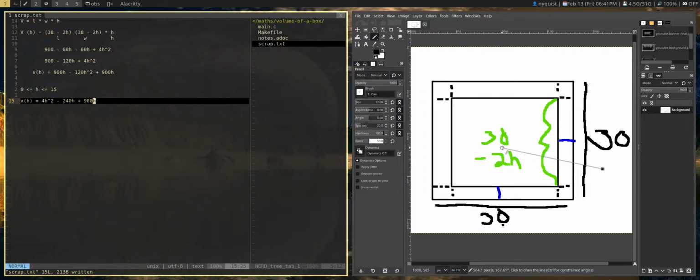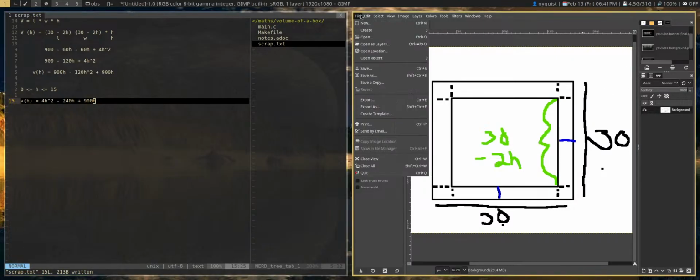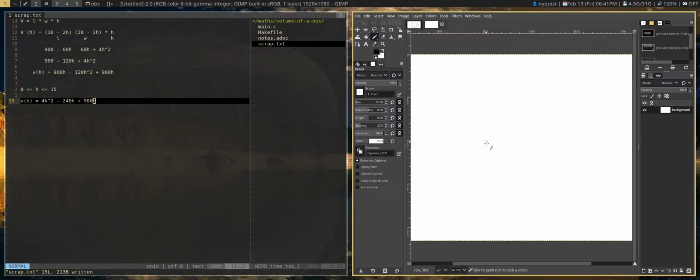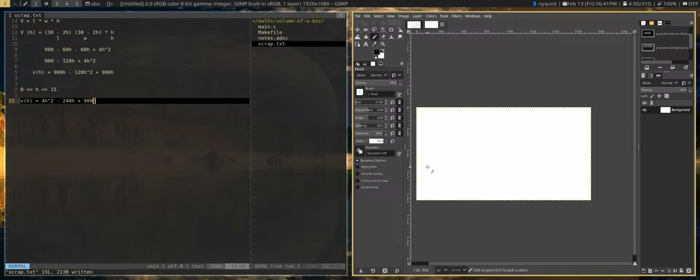So the critical numbers, let me do a new page so I can describe what critical numbers are. Let's say you have a graph like this. Critical numbers are where the slope is equal to 0 or undefined.